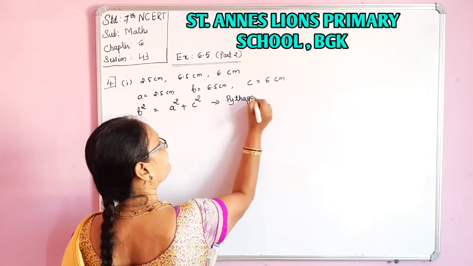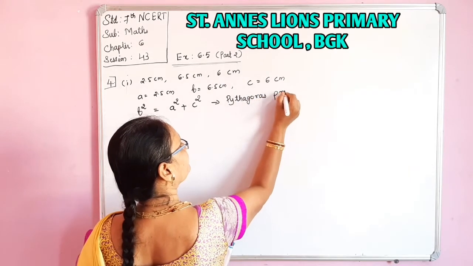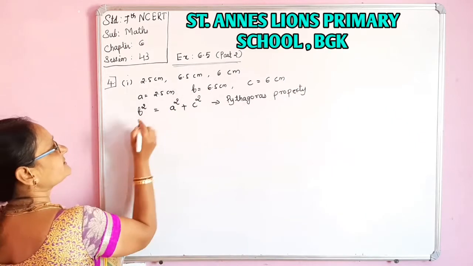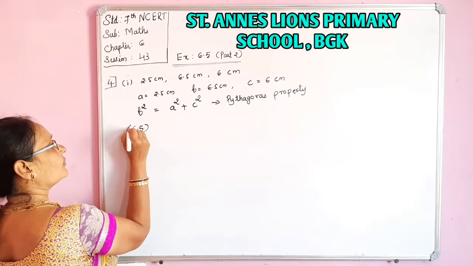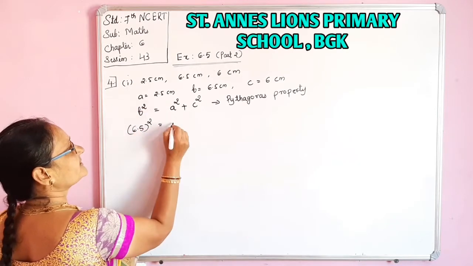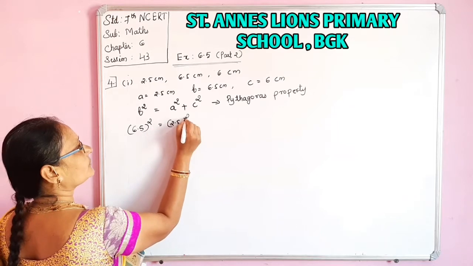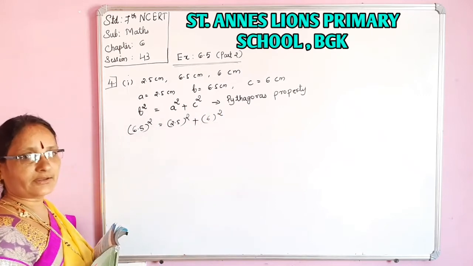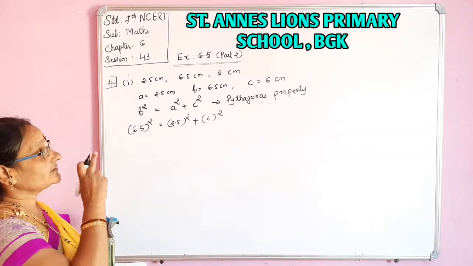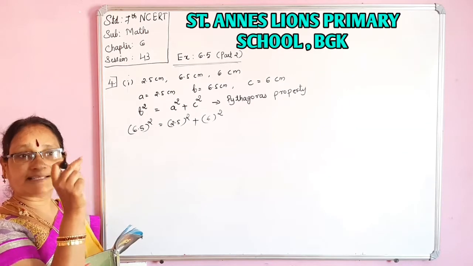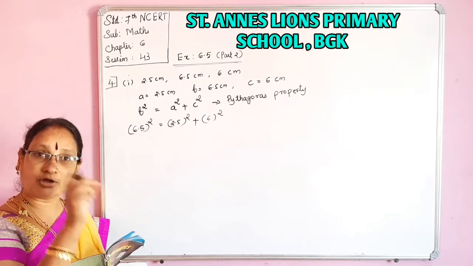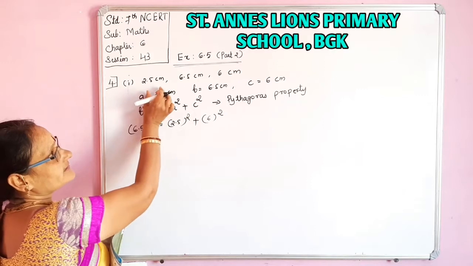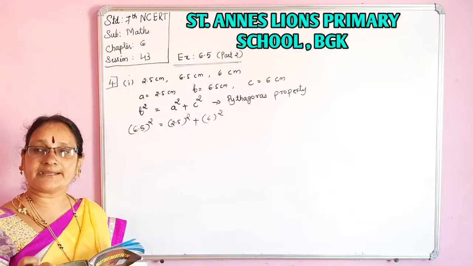Now here B square means 6.5 whole square is equal to A square, that is 2.5 whole square, plus C square, that is 6 whole square. Whether the given sides are the sides of a right angled triangle or not, we have to check. If this condition is satisfied, then we can say that these 3 are the sides of a right angled triangle.